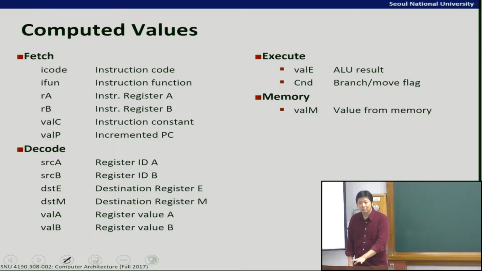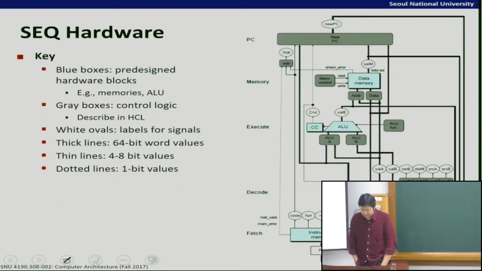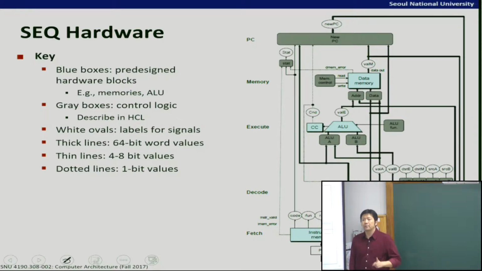Maybe the meaning of all of these things will become more evident once you see this schematic. This is a simple sequential processor we want to implement. As I said, in this lecture, all instructions take just one cycle. Every clock cycle, every rising edge of the clock, you read a new instruction and execute it within that cycle.